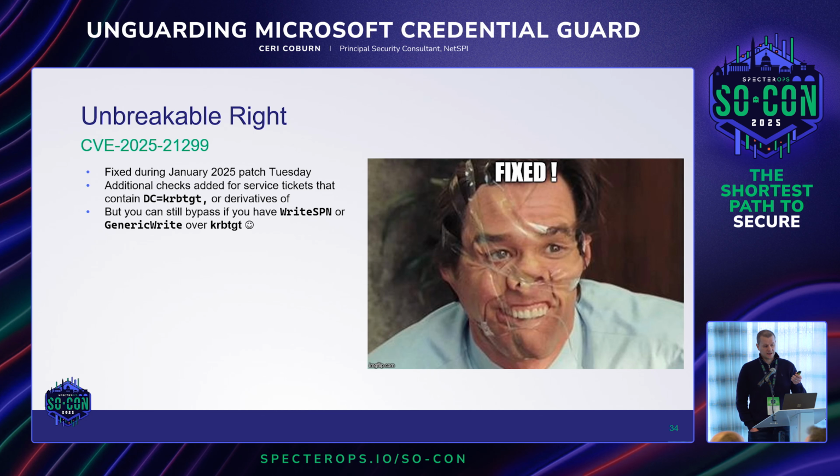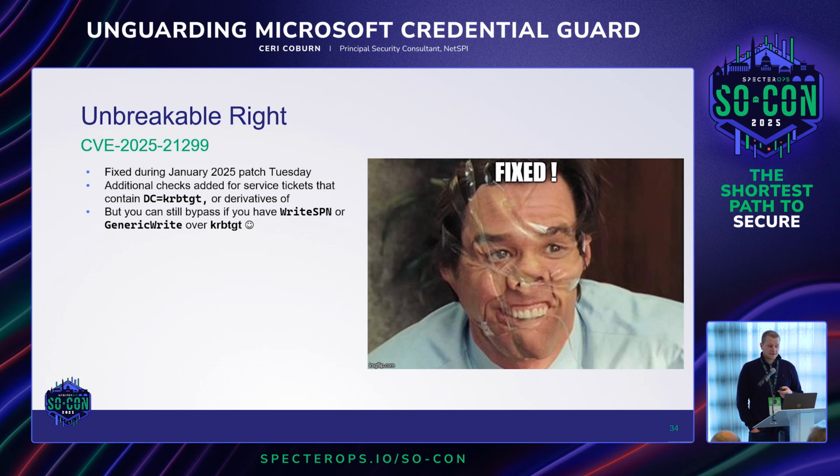But if you have a common name equals KERB-TGT comma in the service name, it will now get protected by Credential Guard as well. But, you know, even if you had that within another sort of OU within LDAP that was unrelated to KerbTGT, it will still get protected by Credential Guard. But you can still bypass it, like I said earlier.